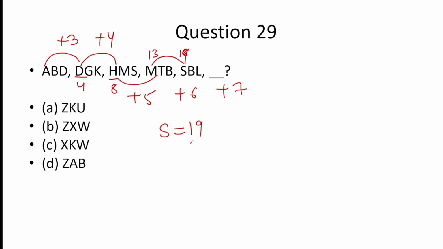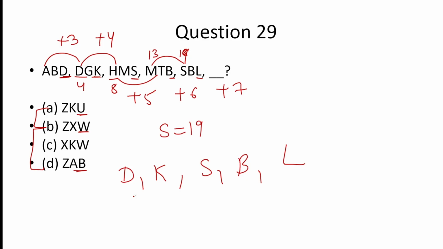On 26 we have Z, but we have 3 options with Z. So we have to check the last letter, which is different. Let's see the pattern in the last letters: D, K, S, B, L. When you write ABCD, it will be easy.